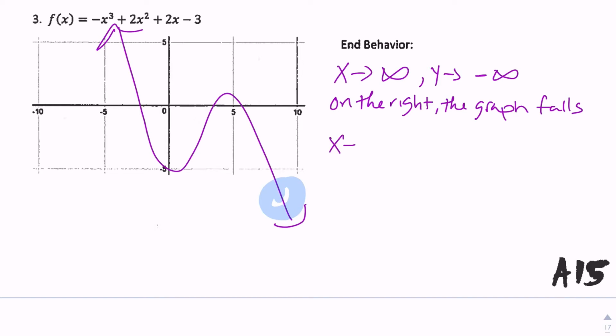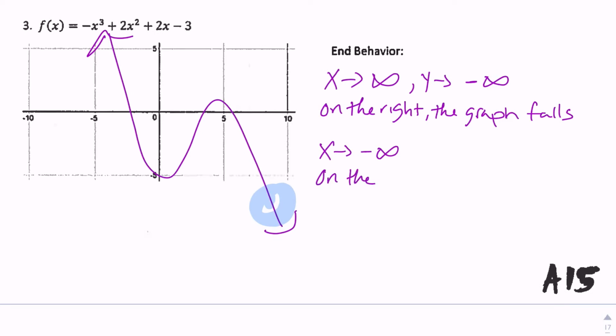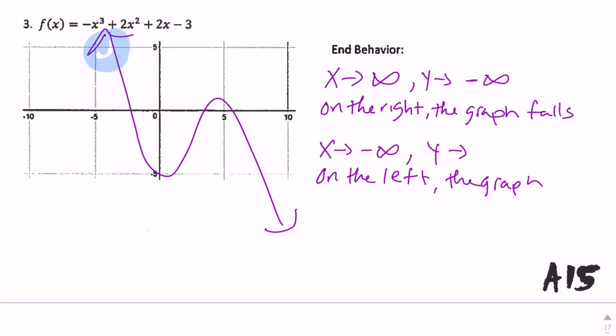And now we have as x approaches negative infinity, which is our way of saying on the left, y does something in the graph. There are our two different notations. So let's move to the left. On the far left, this time the graph is rising. The graph rises.